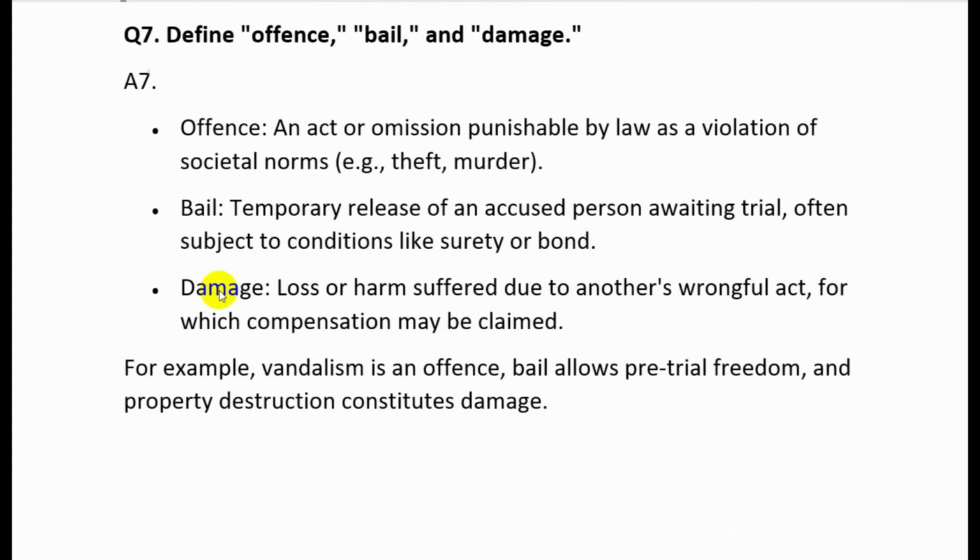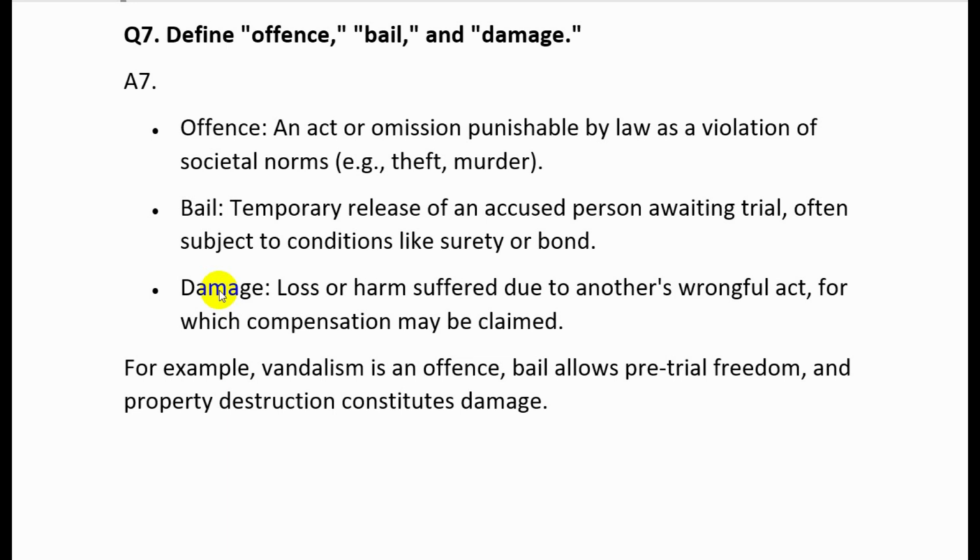Define offense, bail, and damage. Offense is an act or omission of an act punishable by law as a violation of societal norms, that is, theft, murder, etc. Bail is a temporary release of an accused person awaiting trial, often subject to conditions like surety or bond.